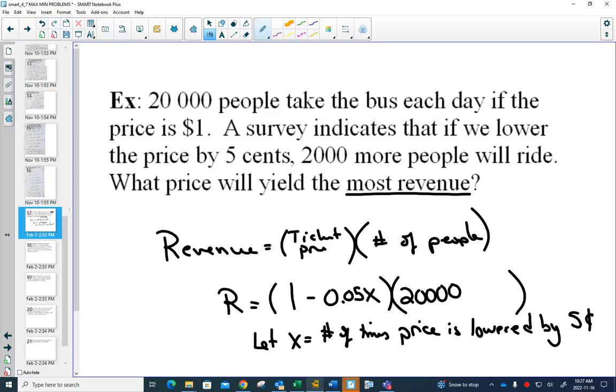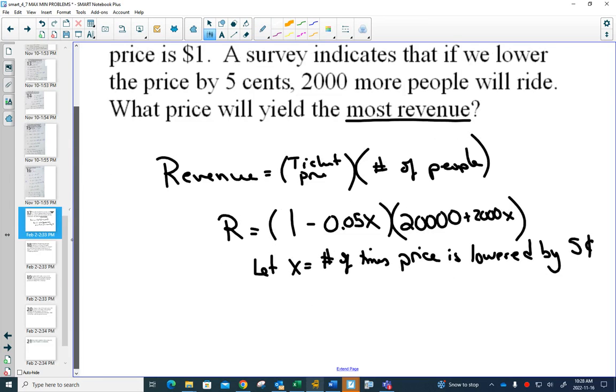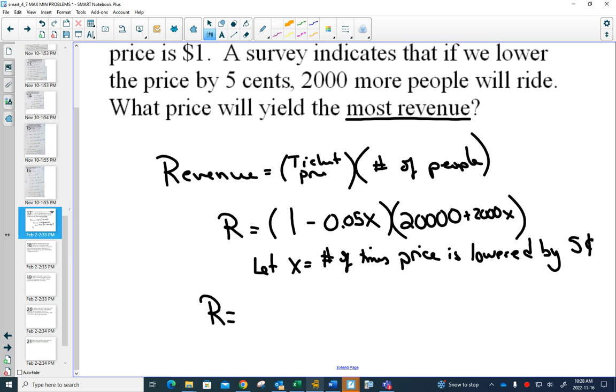So we go over here. Every time it's lowered by 5 cents, 2,000 more people will go, and we have the following equation. Multiply this out. We would get 20,000, 2,000, someone double check my math.